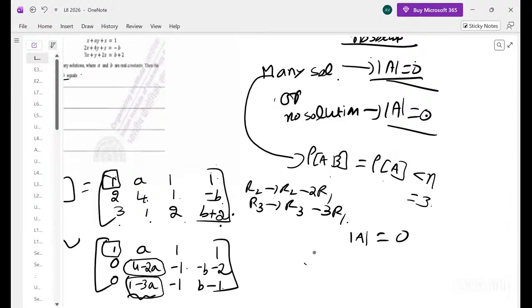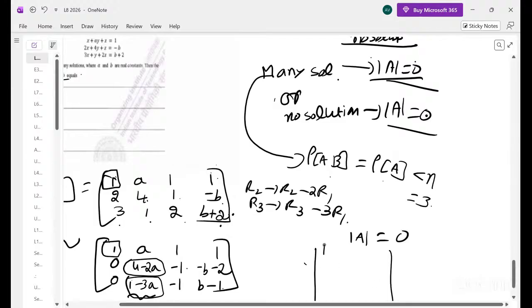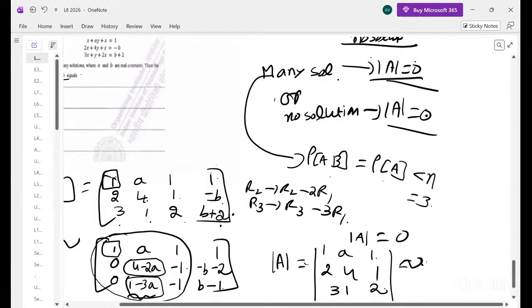Determinant is 0, given. Determinant is nothing but 1, A, 1; 2, 4, 1; 3, 1, 2. Why is the determinant 0? This is A, this is B. Determinant of A is 0.